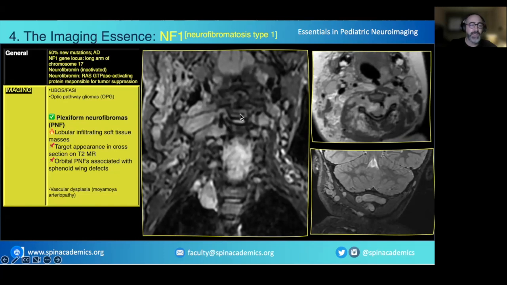And when they are huge and affecting the orbits, they are very much related to sphenoid wing defects. So there's one plexiform neurofibroma. There's another one, also cervical, where you can follow the limits of the lesion, and also here in the occipital zone.